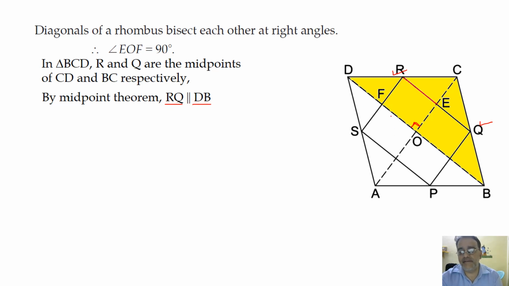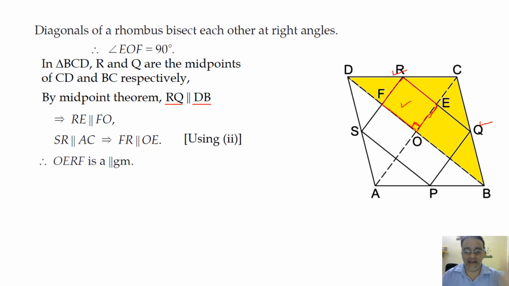In place of DB, we can write FO. Clear? And SR parallel to AC will imply FR parallel to OE. Now in this quadrilateral, opposite sides are parallel to each other. So we can write that OERF is a parallelogram. Any doubt? No, sir. So these two angles are equal. Why?